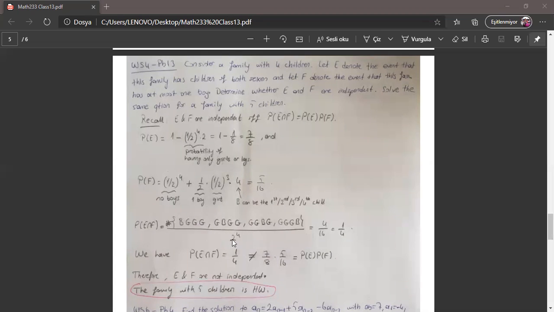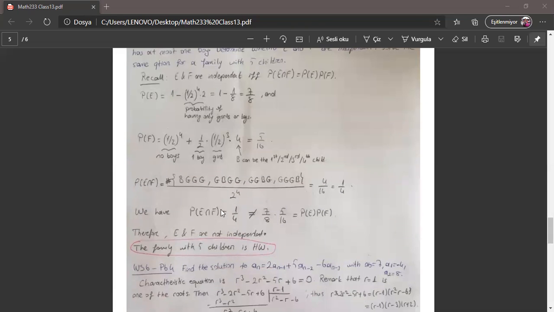So 4 over 2⁴, because for each child we have 2 options, either a boy or a girl. Thus, this is the probability.